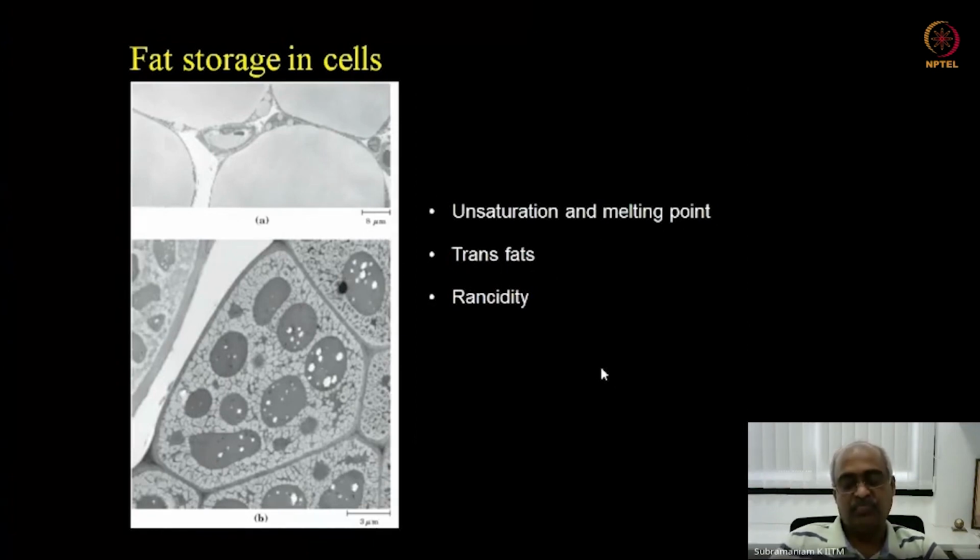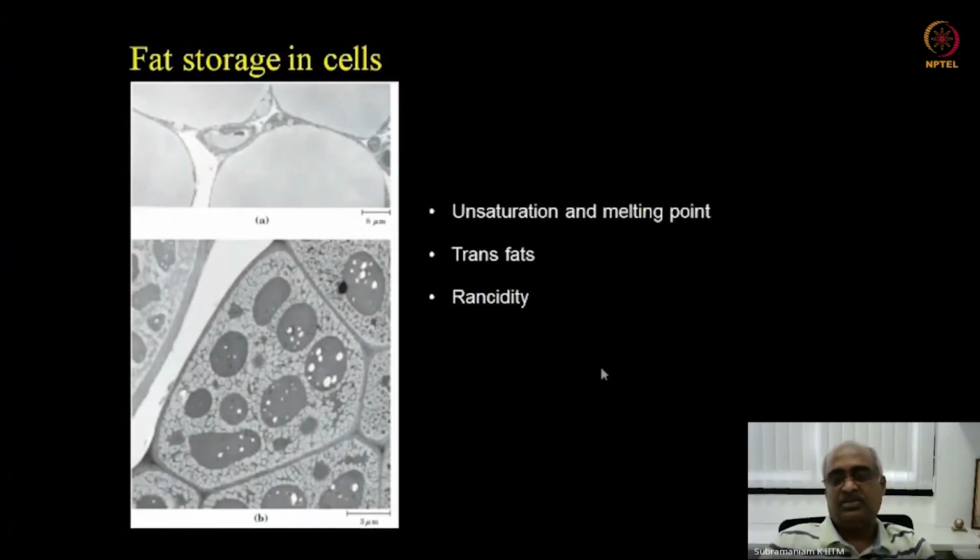So that is why vegetable oils, which have a lot of mono and polyunsaturated fatty acids, are liquid at room temperature. On the other hand, butter, which has mostly saturated fats, is solid at room temperature.